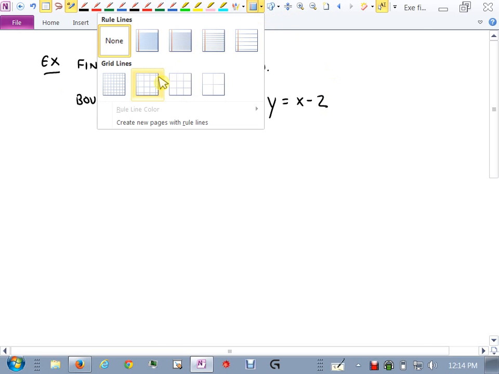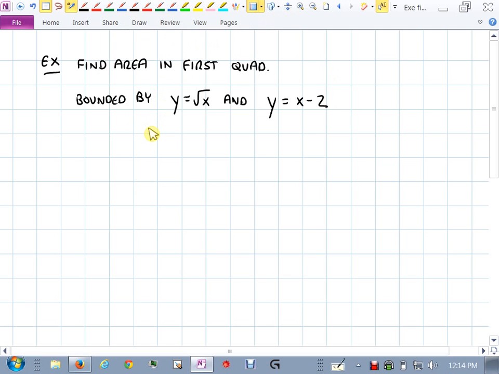So I'm going to need to be able to graph. I'm told I'm in the first quadrant, so I'm going to draw my picture with that in mind.